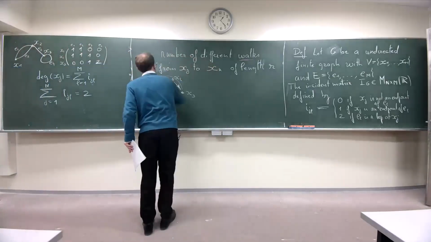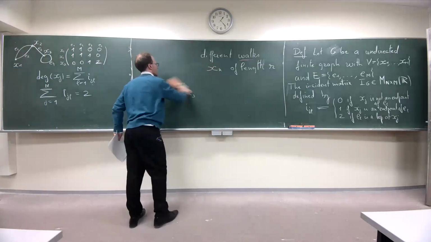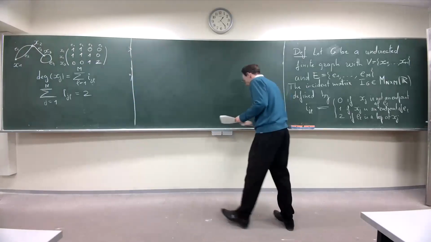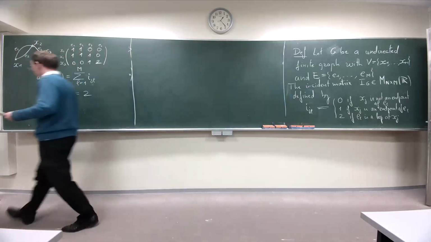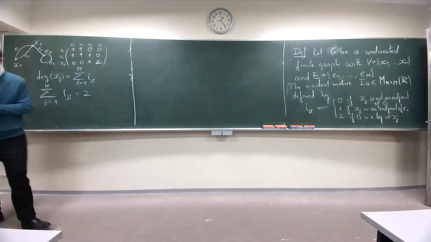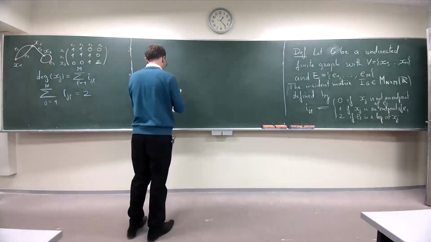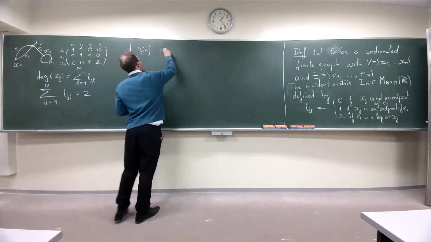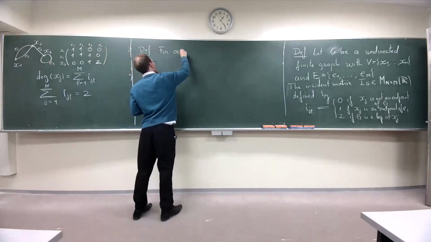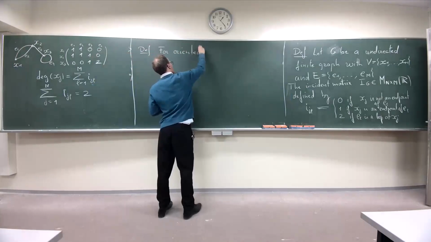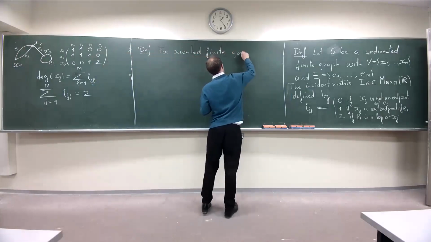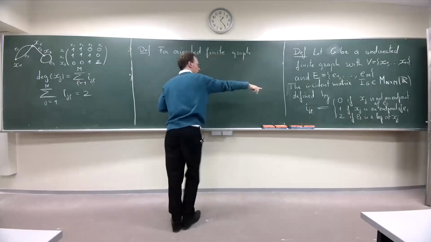Now for oriented graphs. For oriented graphs, as I said, the definition is slightly different. So I need to change it. For an oriented finite graph, let me directly give you this matrix.